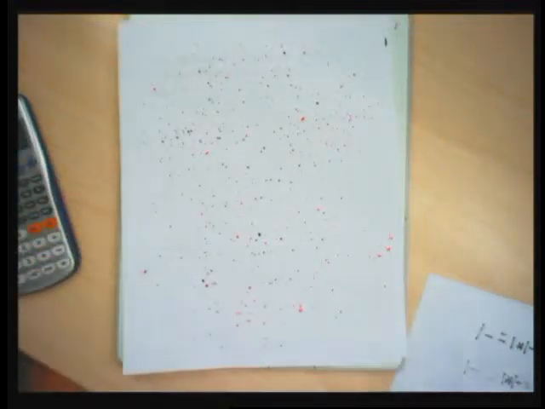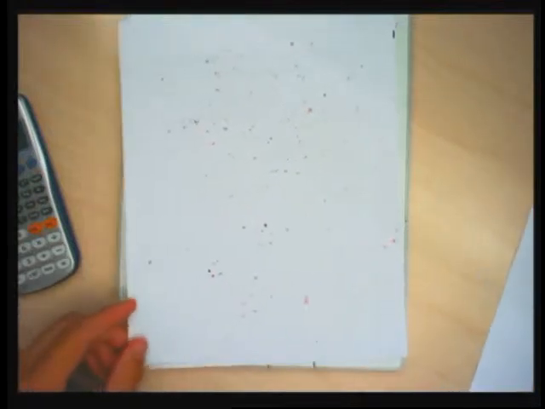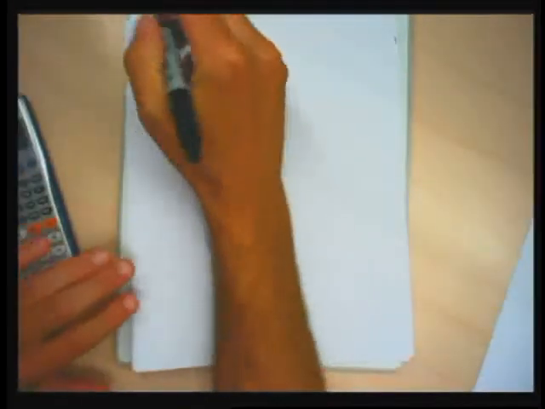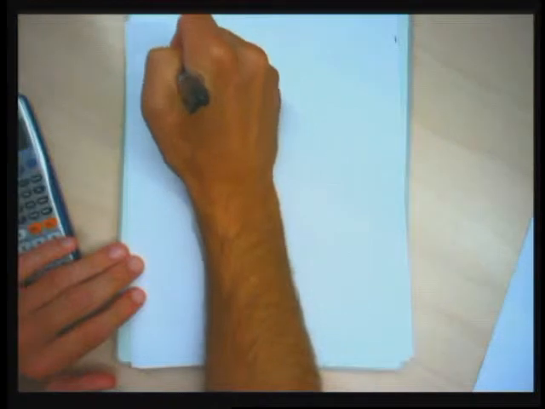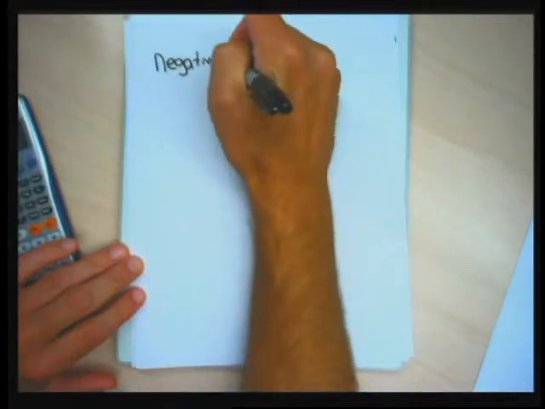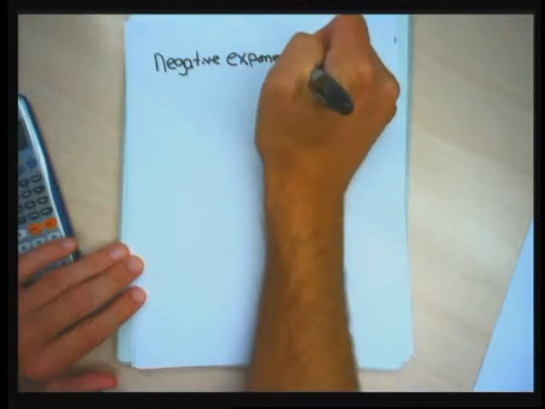That's the first thing we have to remember. And like I said, it's the easier of the things to remember. The harder of the things to remember are negative exponents. Although you're supposed to know how to do negative exponents already, a lot of students do horrible with negative exponents.